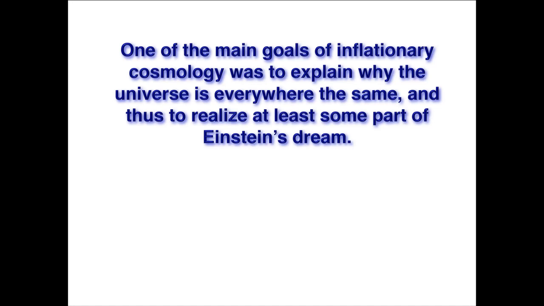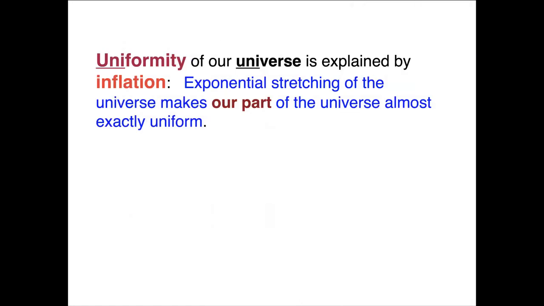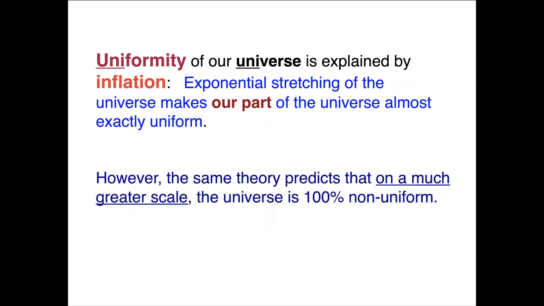We were living with that idea for quite a while, but then what happened is that inflationary cosmology is actually at certain odds with what Einstein wanted. So some of the constants which we see right now may be not fundamental, but environmental. And I will try to explain. The uniformity of the universe is explained by inflation because of the exponential stretching of the universe.